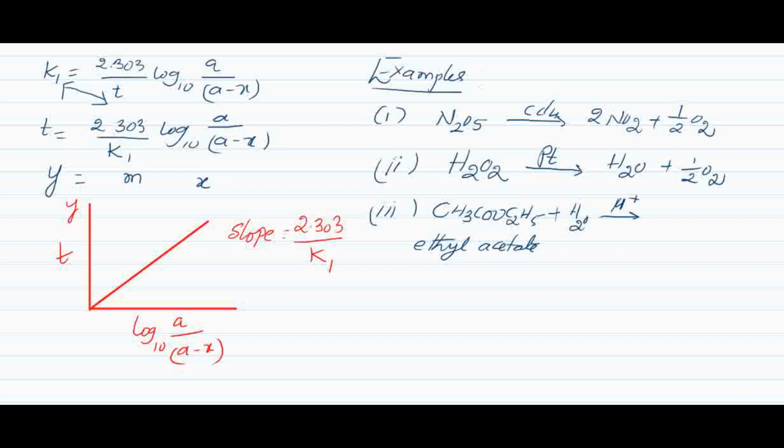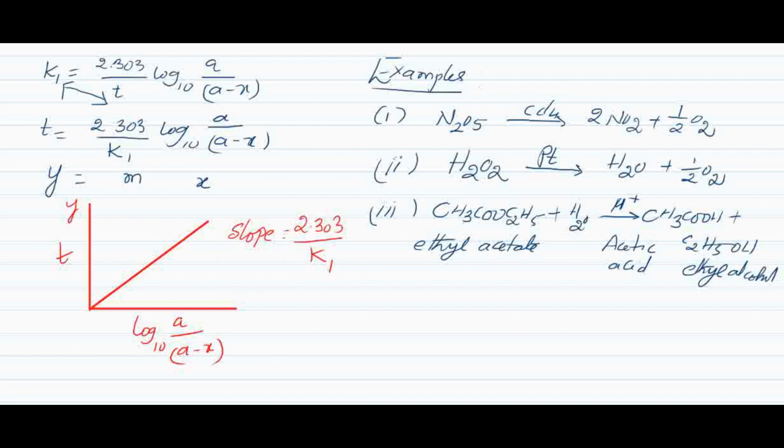The hydrolysis of the ester gives CH3COOH, acetic acid, and C2H5OH. So this is acetic acid and this is ethyl alcohol. So this is a first order reaction, the hydrolysis of ethyl acetate in acidic medium. So these are the examples for the first order reaction.